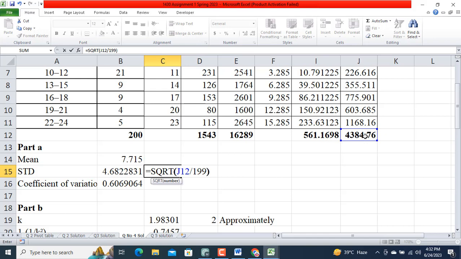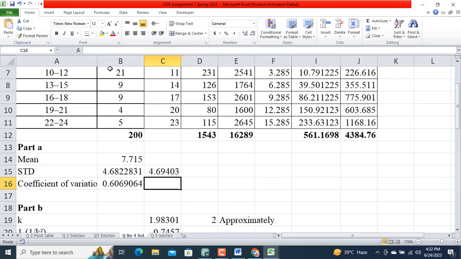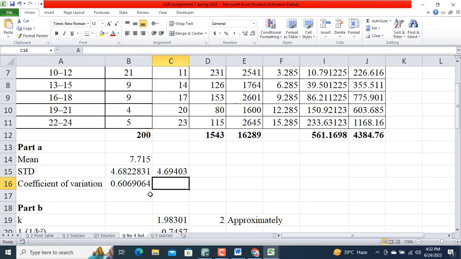Almost both are the same. Coefficient of variation is equal to, here is the formula, standard deviation divided by the mean. We will get the coefficient of variation.